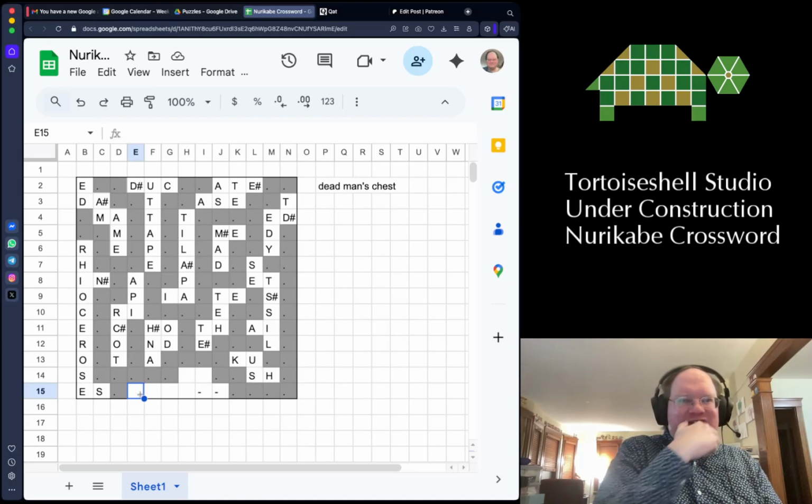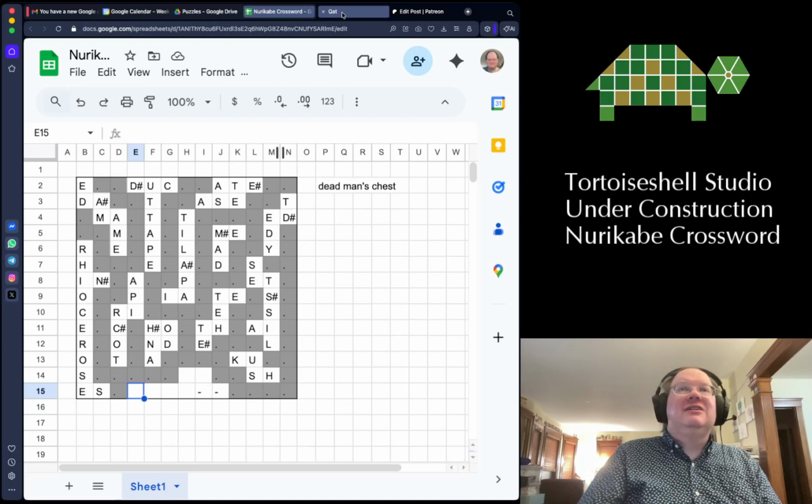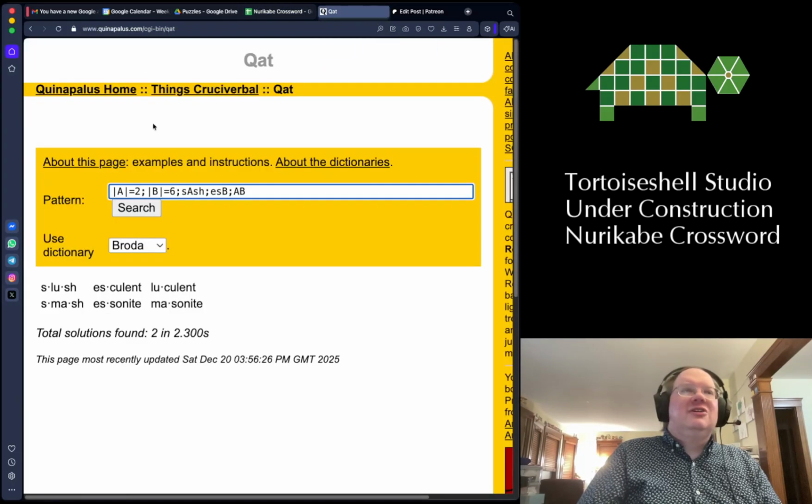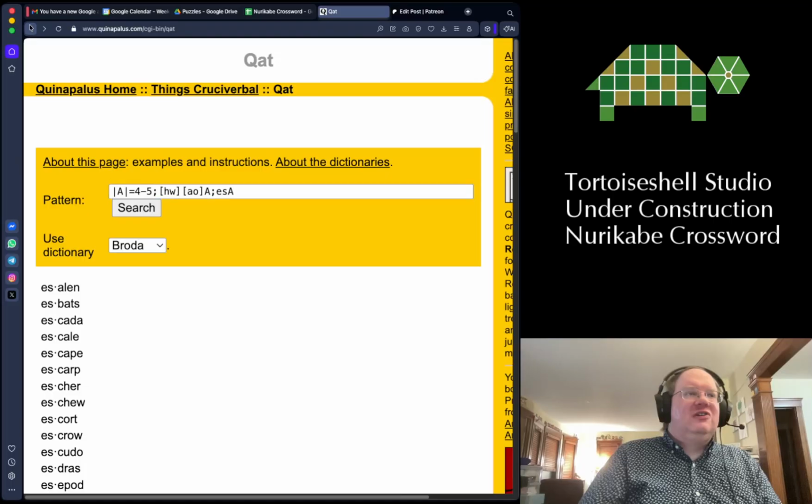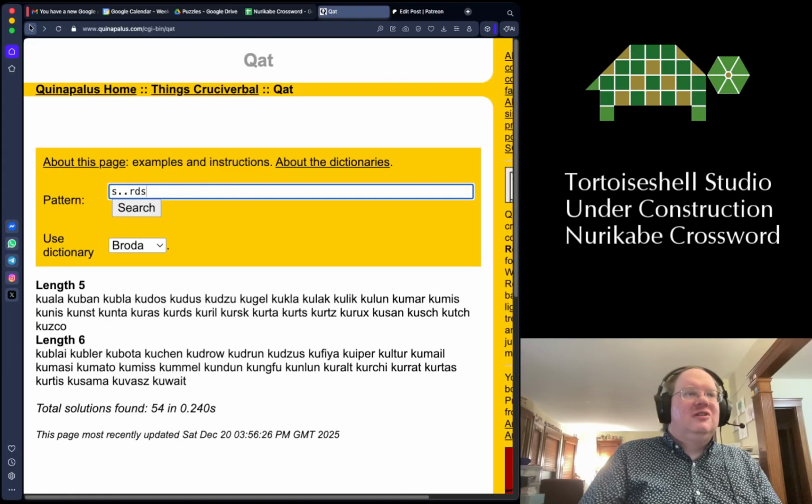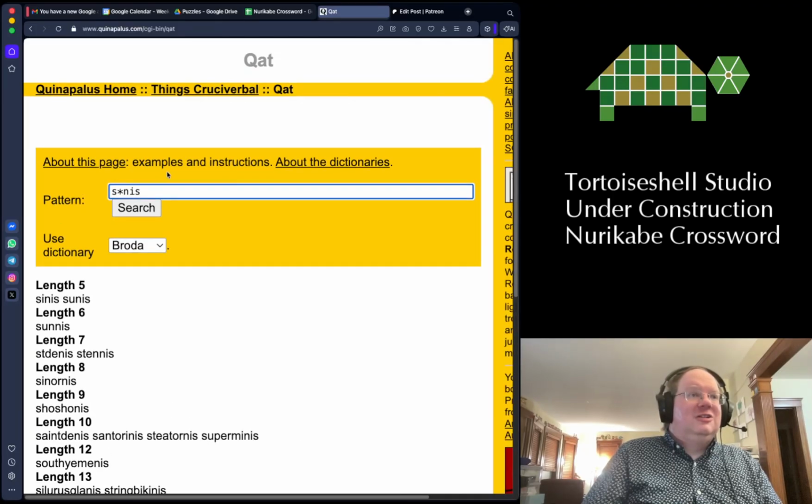What is the solution to my dilemma? What were the other KU words? Kudus. Kunis. Sunnis. Actually, Sunnis might be good, because it would give me the un prefix. Oh, well, we'll see.